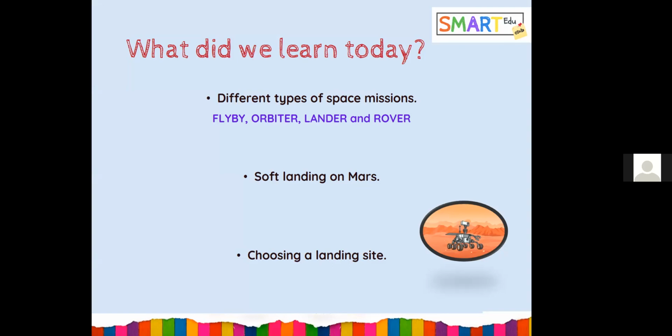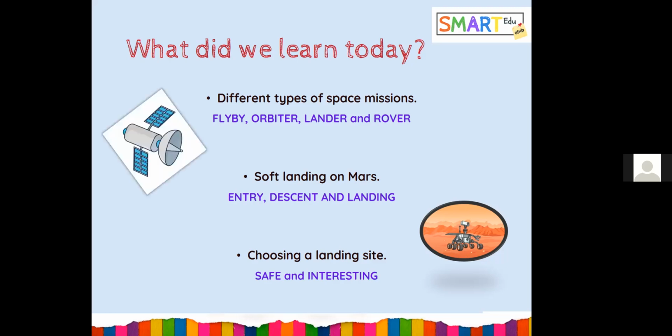We mentioned soft landing on Mars, which means let's not crash our rover and spacecraft. Let's land safe. And we mentioned the entry, descent, and landing operation. And then finally, we looked at choosing a landing site. And summarizing, we need to find a safe place, but also an interesting one.